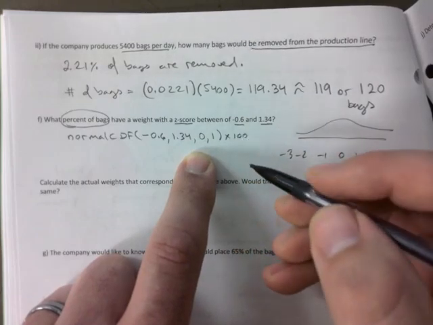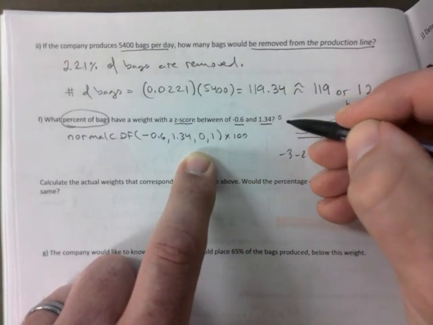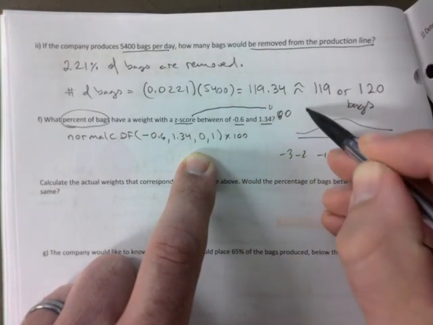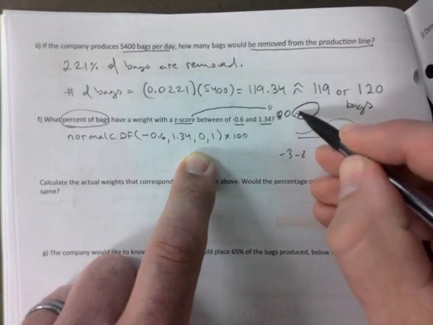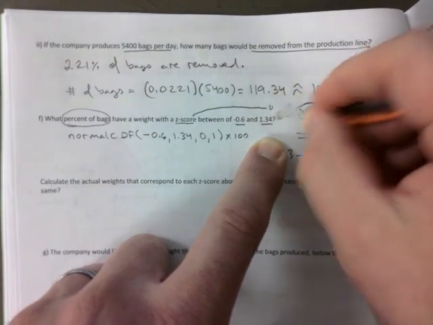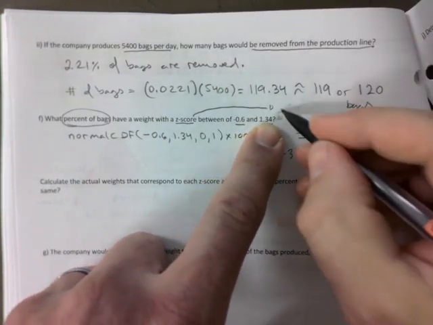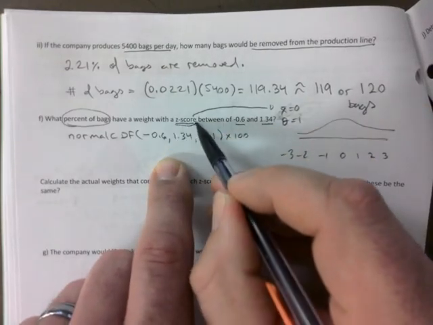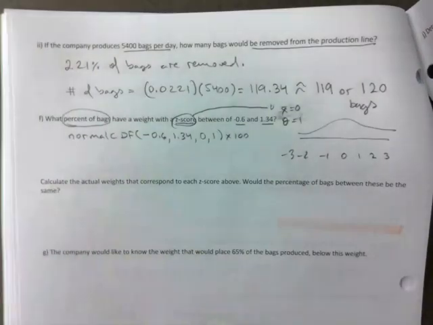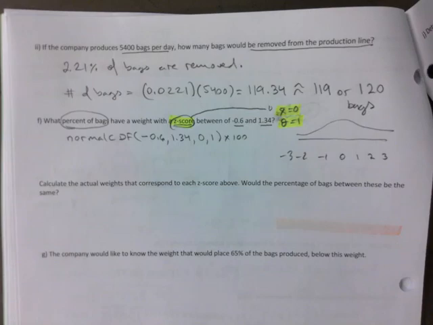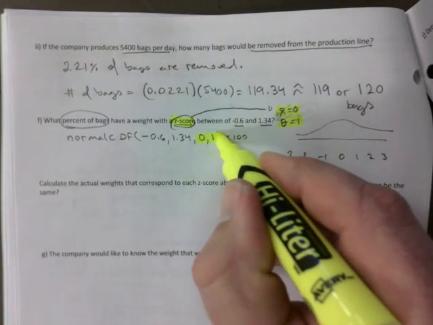So you have to make sure you understand, if it's a z-score, you should be thinking mean is 0, standard deviation is 1, as soon as you see the word z-score, okay? And that's where I got this from.